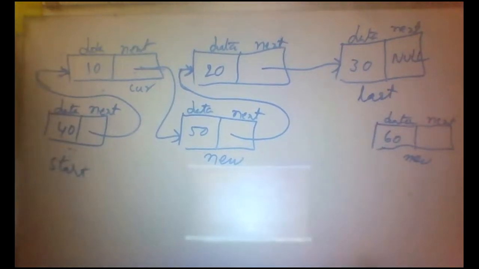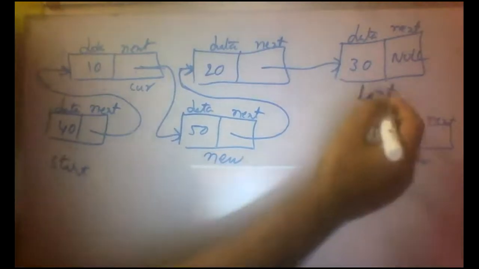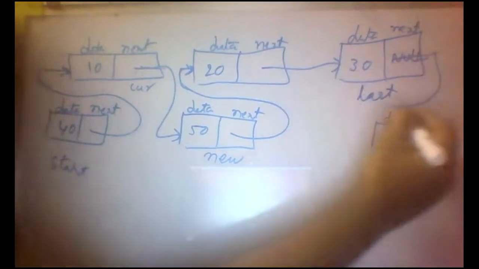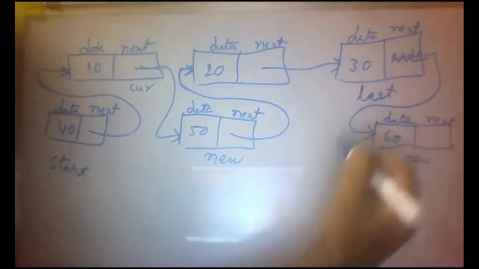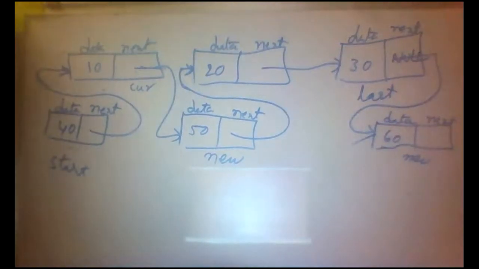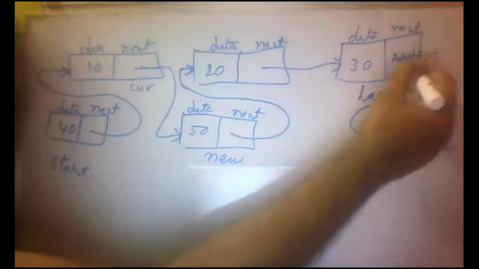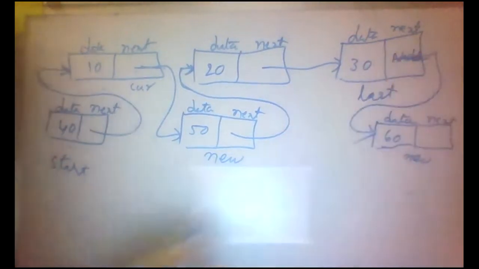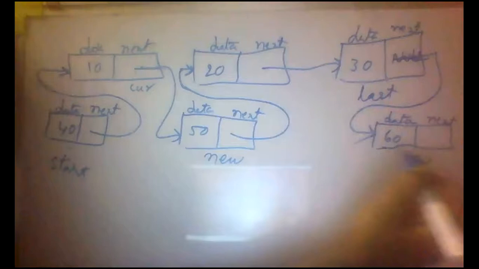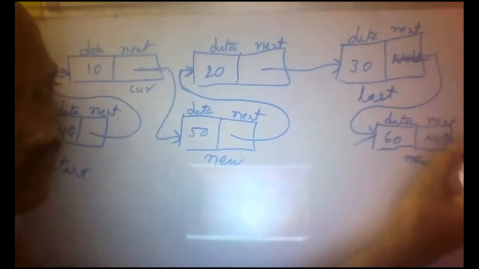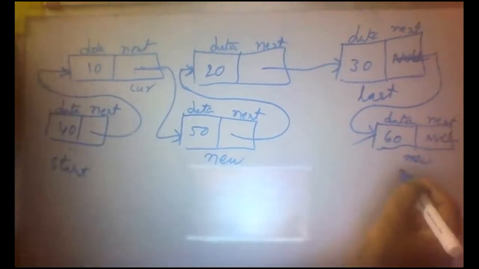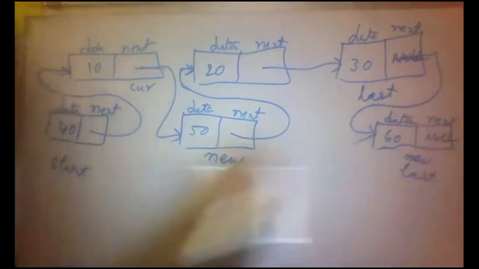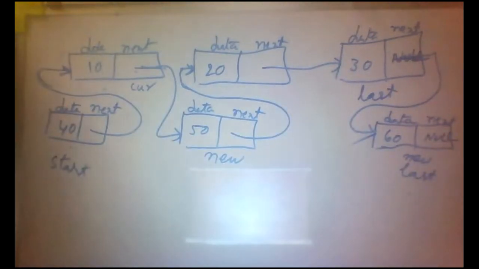Clear? Then last to next equal to new node. This address is assigned into this one. New node to next equal to null. Then last equal to new node.